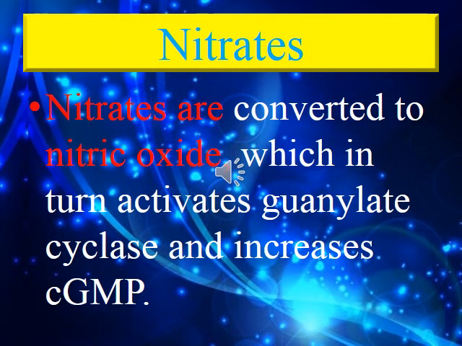Coming back to our lecture, let's talk about the mechanism of action of nitrates. Nitrates are converted to nitric oxide, which in turn activates guanylate cyclase and increases cyclic guanylate monophosphate.